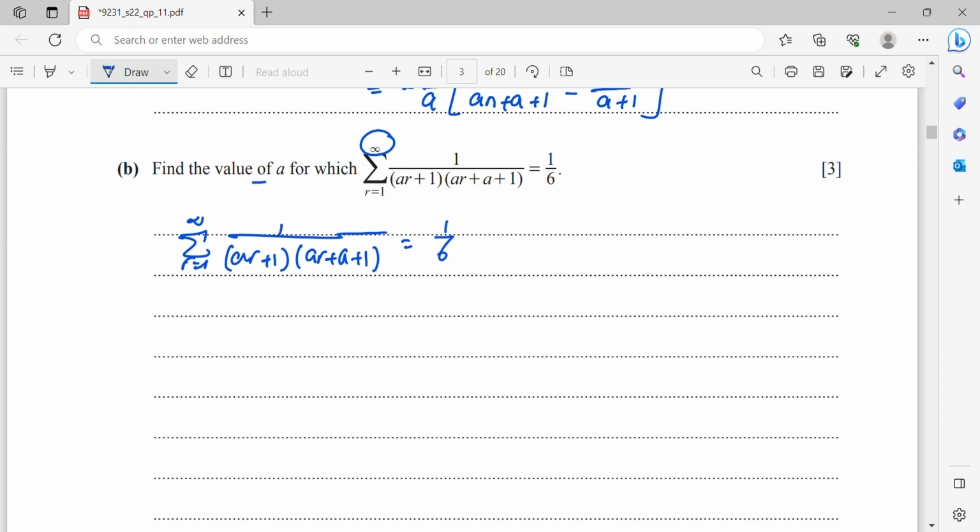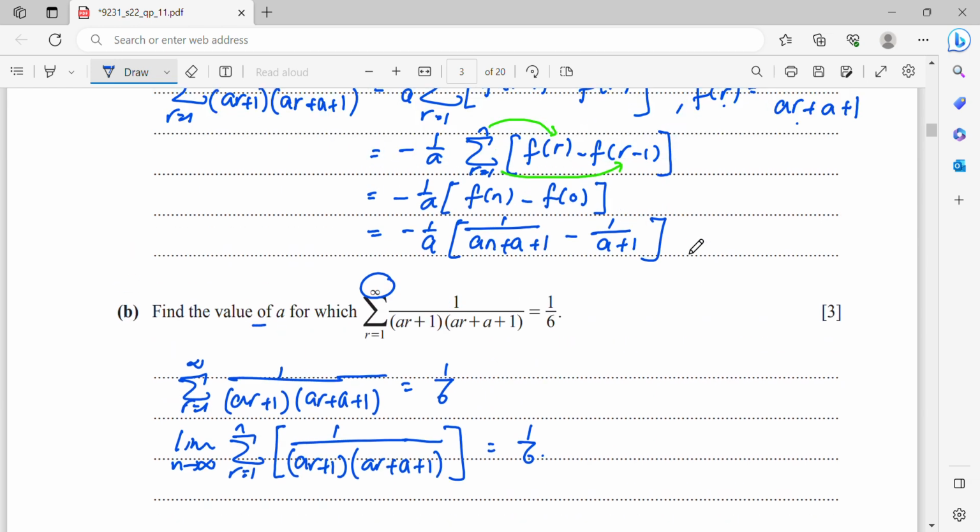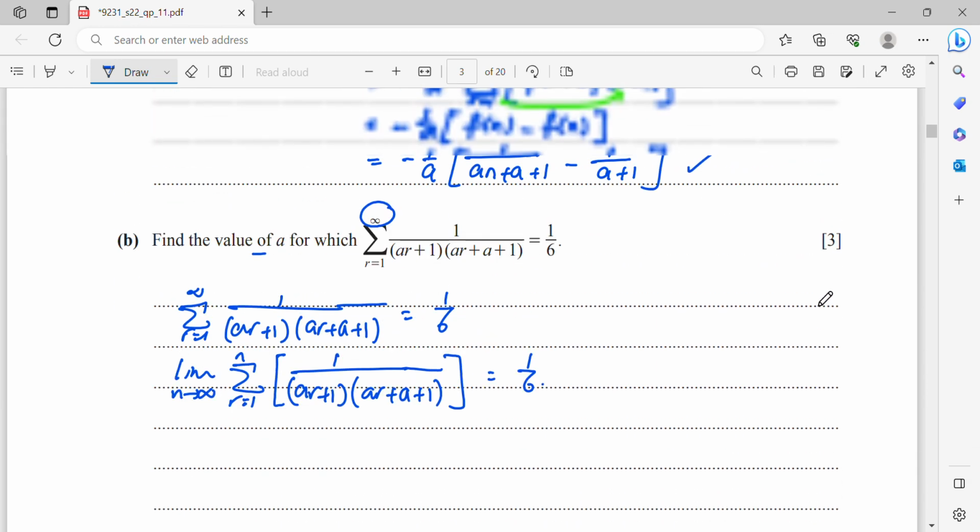So this summation from 1 to infinity is the same as limit n tends to infinity for the summation from r from 1 to n. It is the same. Then equals 1 over 6.